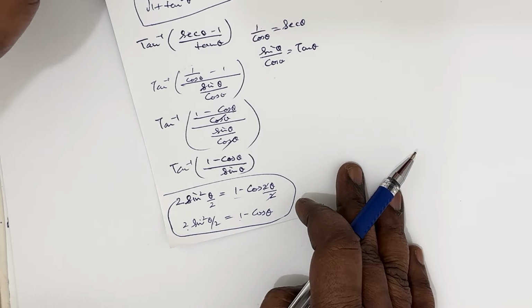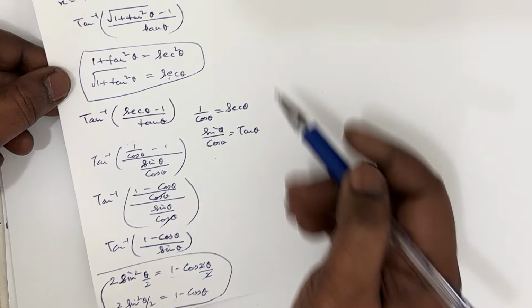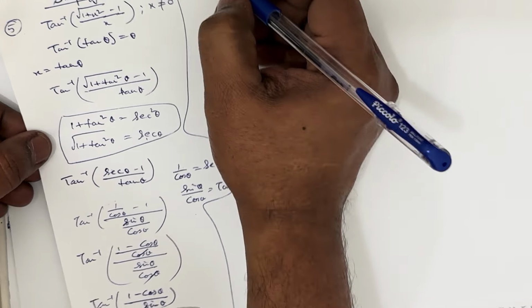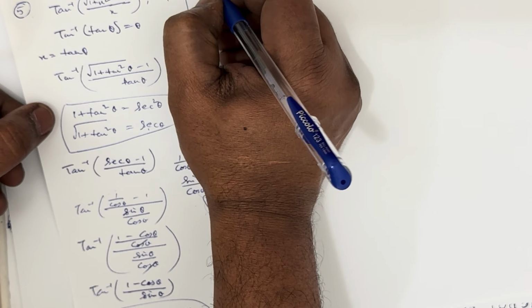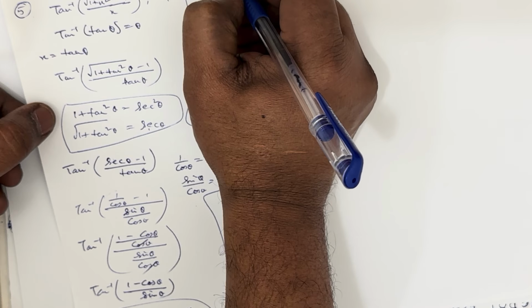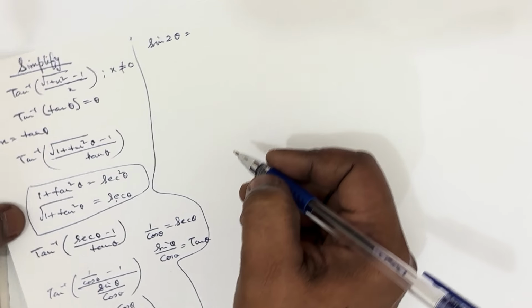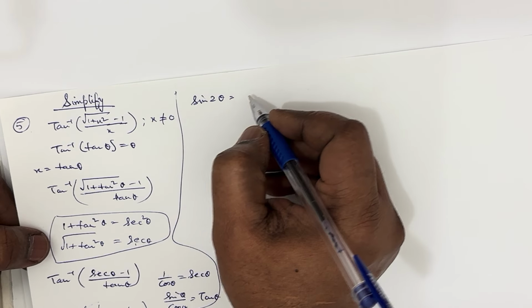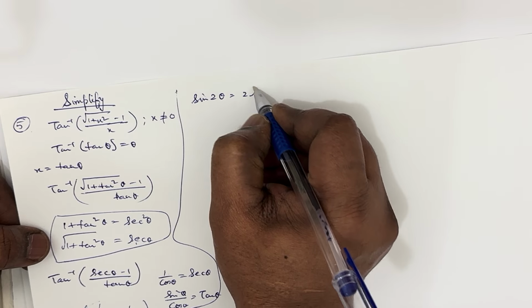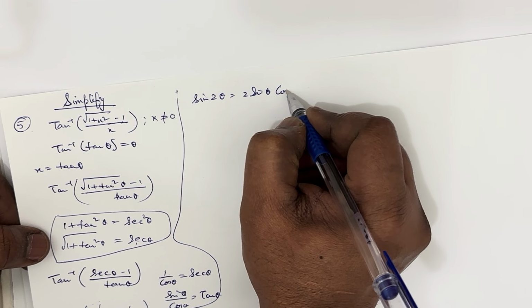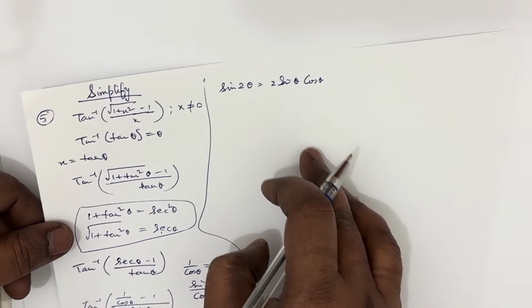In the same way for sine theta, you have the formula sine 2 theta is equal to 2 sine theta cos theta.